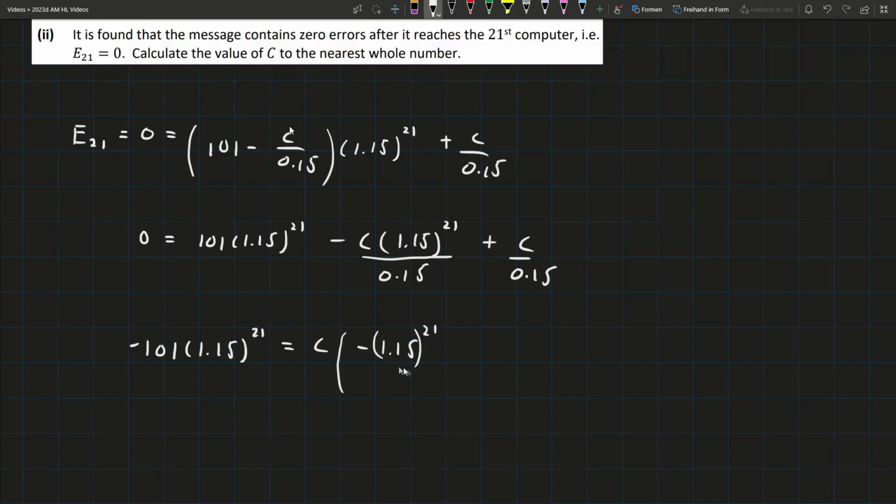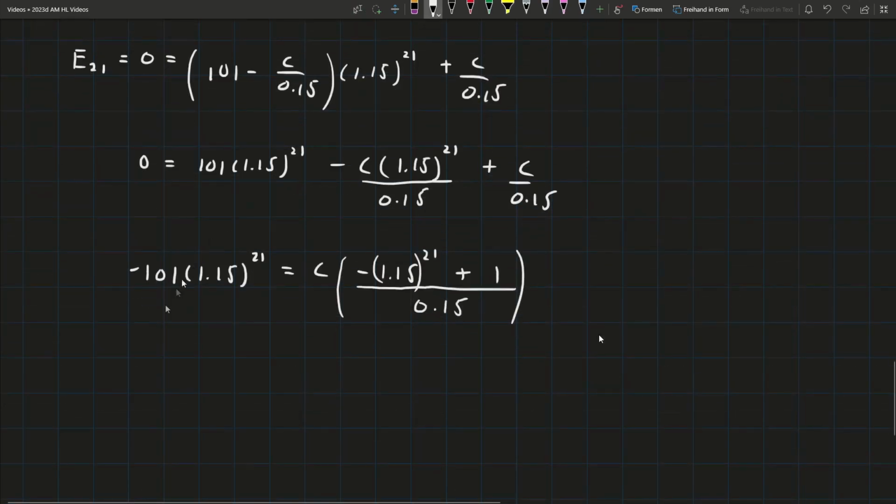Just to show that the minus is outside there. Not that it makes a difference in this particular case, because it's an odd power. And then we'll have plus 1 over 0.15. Since they have the same denominator, we don't even have to write the 0.15 twice. We can just combine them into 1, like that.